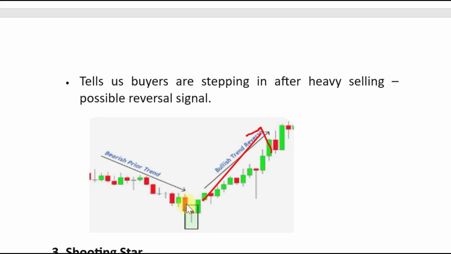Buy above the high of this candle, stop loss below the low of this candle, and the target will be 1:2. It tells us that buyers are stepping in after heavy selling. Then there is a possible reversal and shift in the trend.